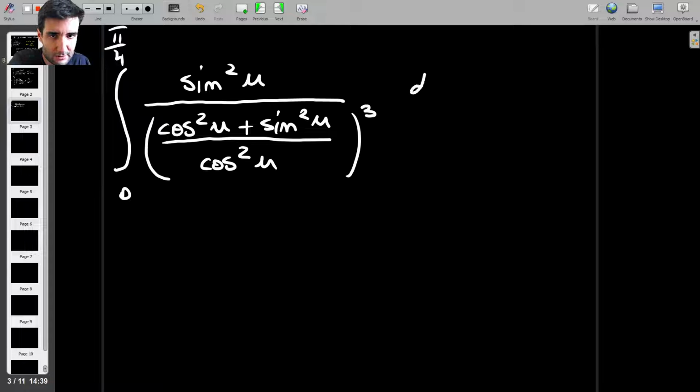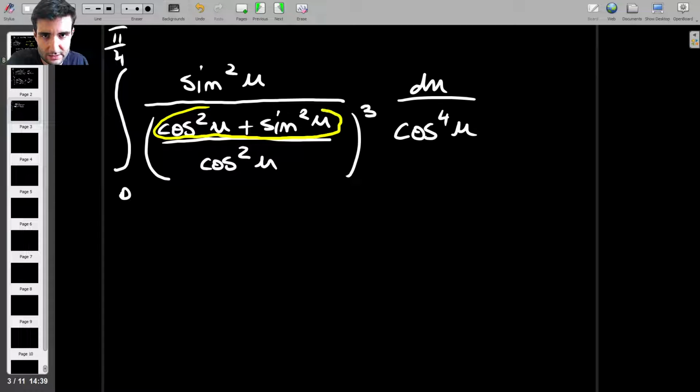Then we have the du term, which is du over cosine to the power 4 of u. Hopefully we all know at this point that this is actually equal to 1.